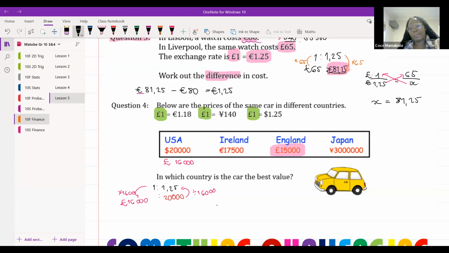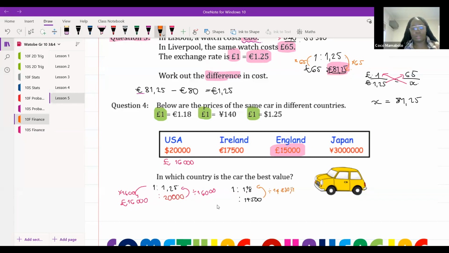Give me the rate. So I divide 17,500 euros by 1.18. Correct. And how much did you get? I got 14,830 and 51 cents.